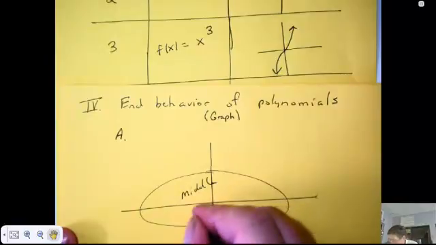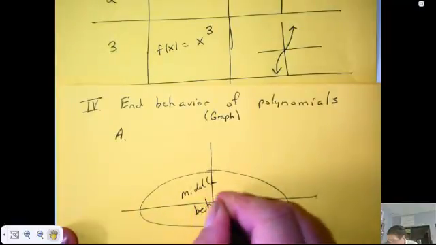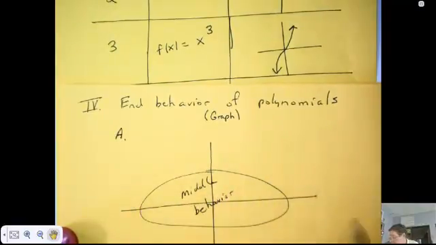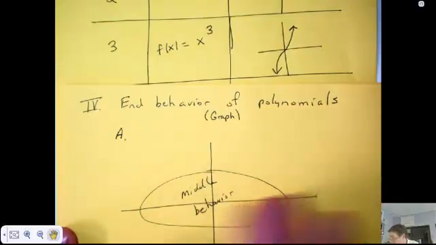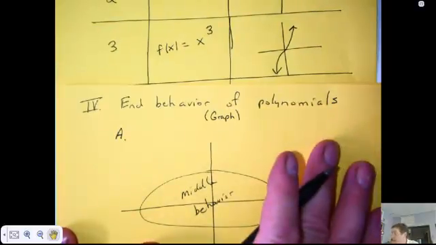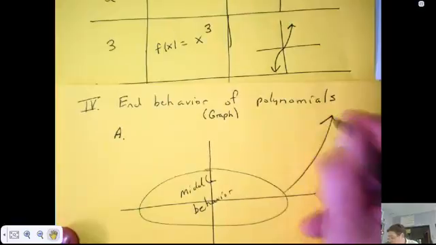Mainly that it will be the zeros. And then out here we have what happens beyond that, and this is the end behavior.